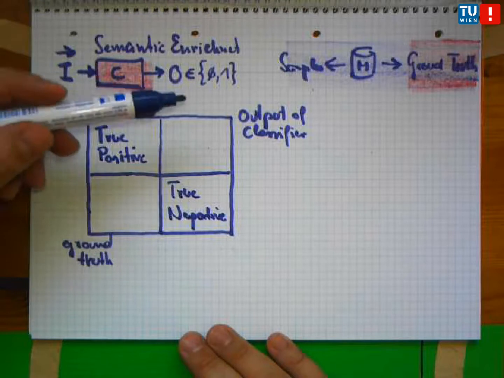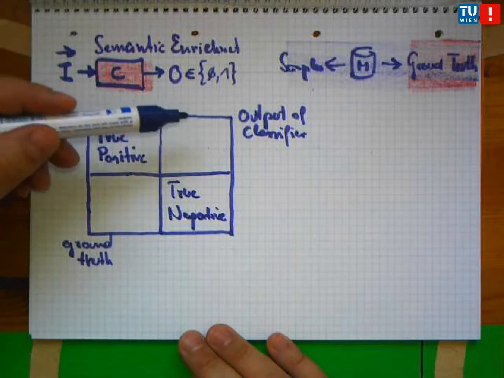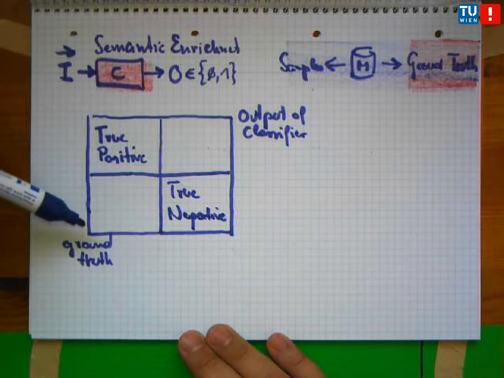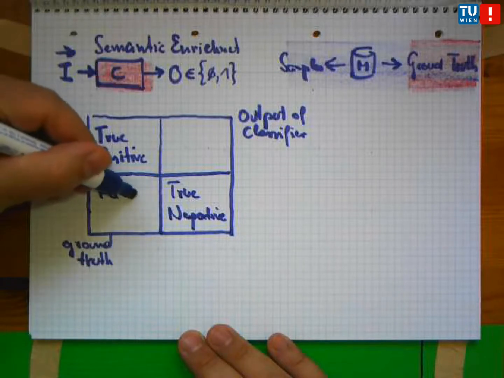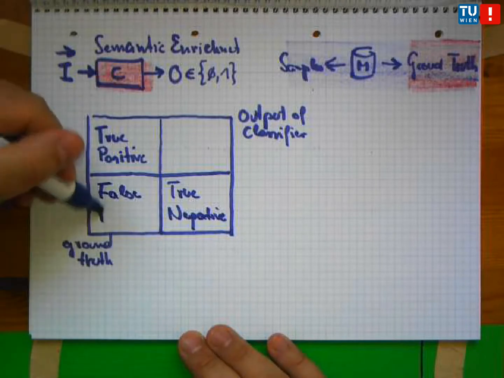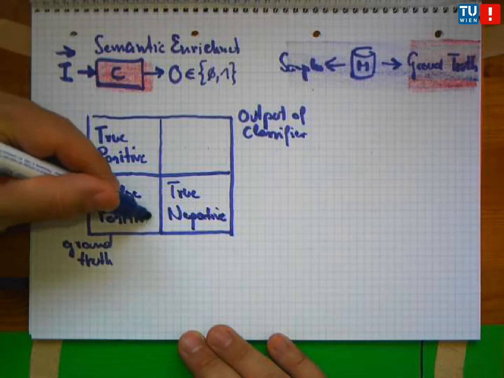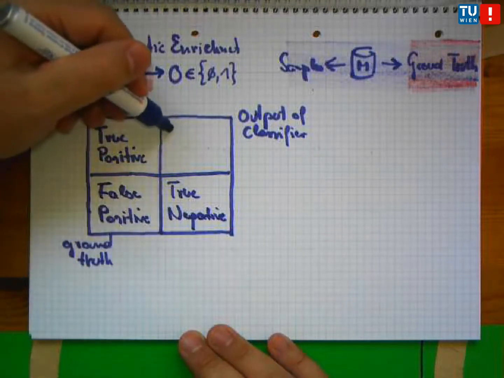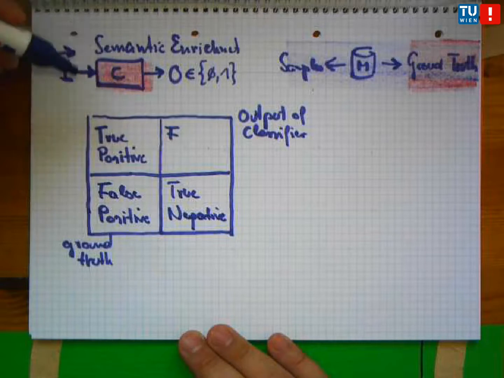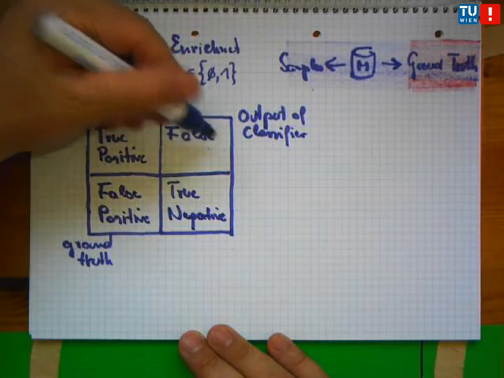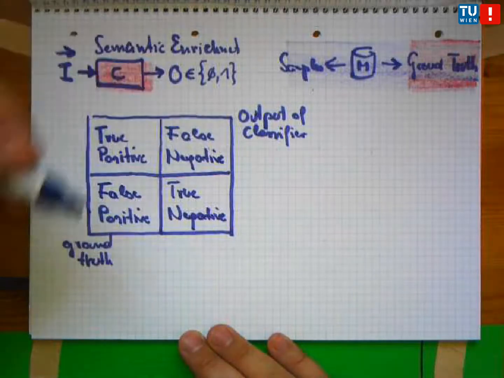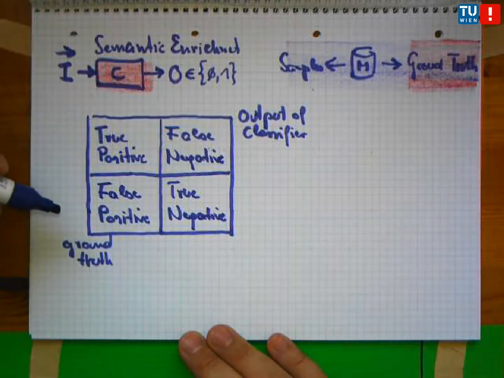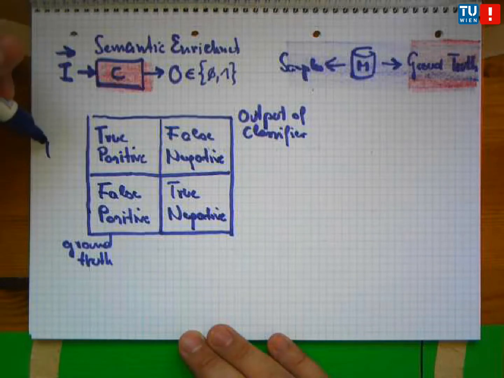If you classify something as relevant, but the ground truth says it is not relevant, then we have a false positive. And if your classifier claims that something is irrelevant, however in practice it would be relevant, then we have a so-called false negative.